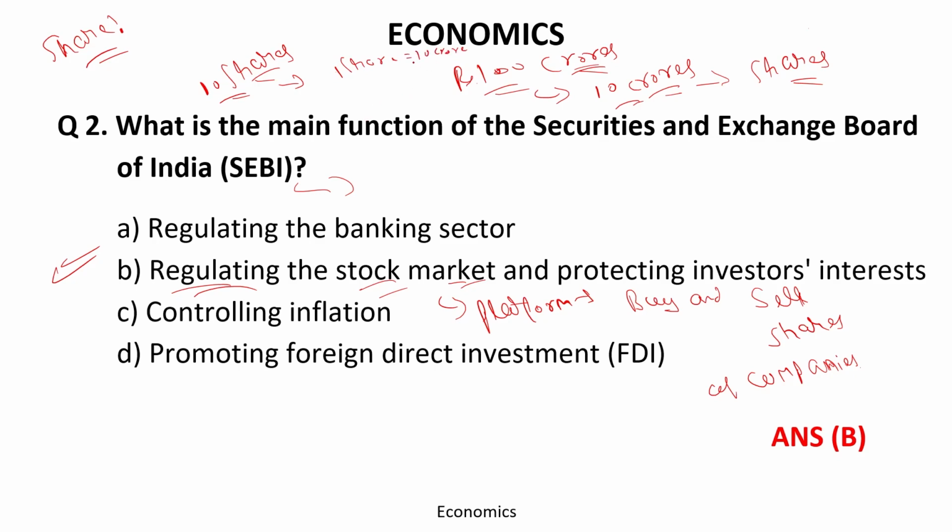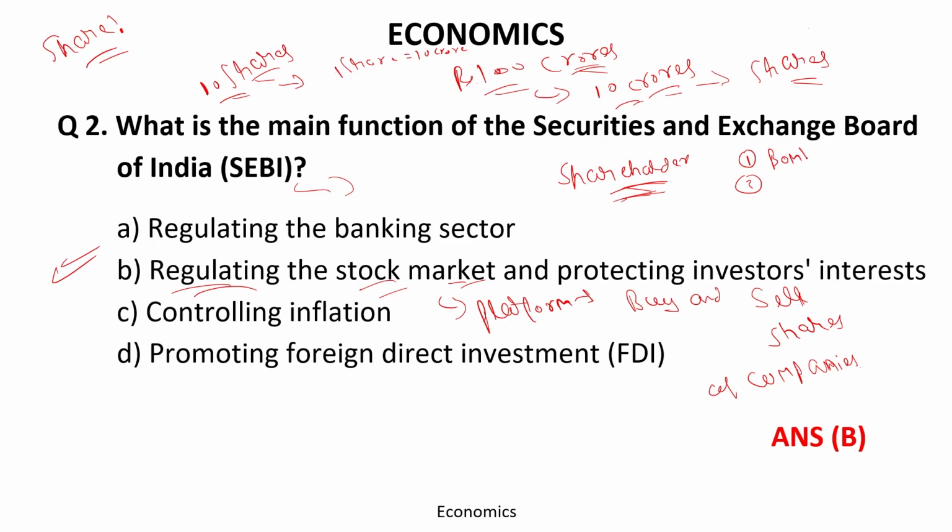So that's how companies divide the amount into parts, and each part is declared as a share. The person who pays 10 crore and buys one part will be declared a shareholder. And all these activities are basically done in two places.